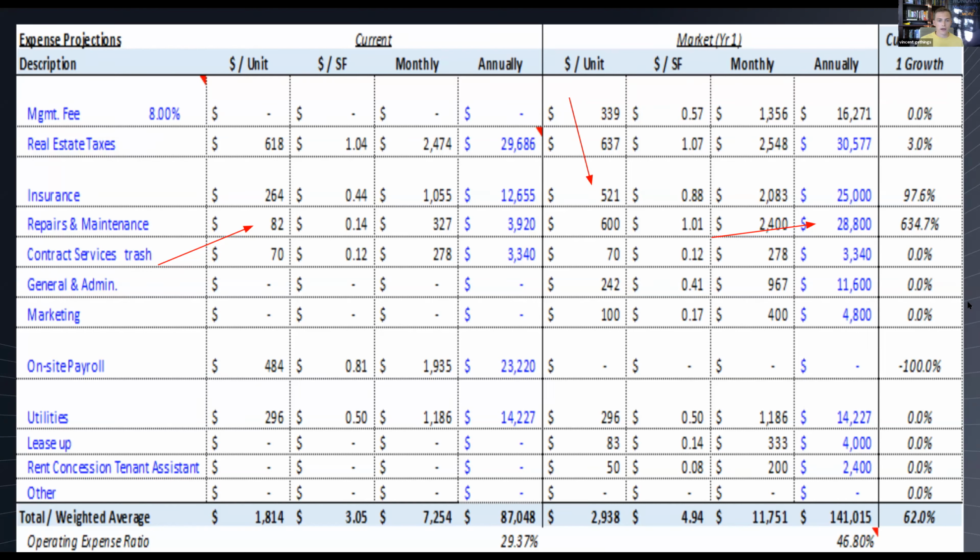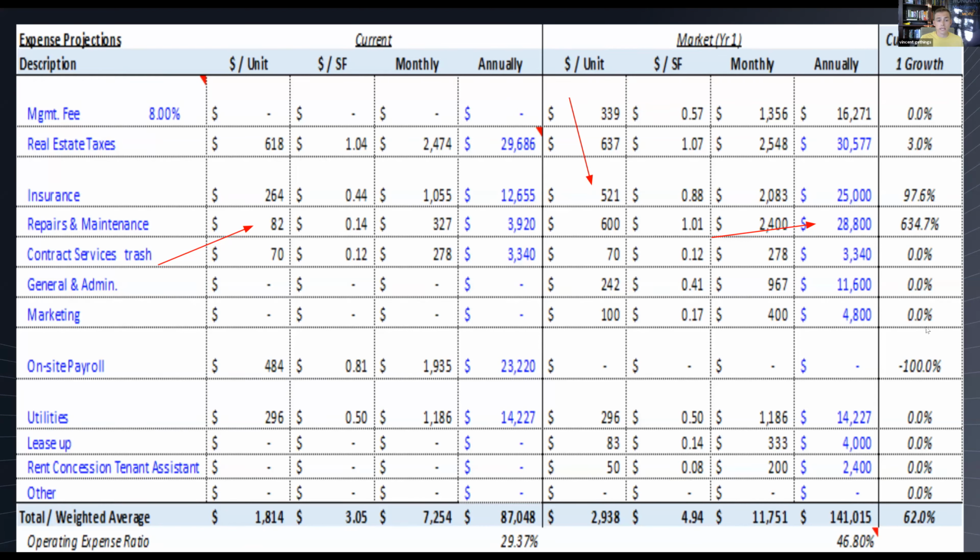So go to the county website for that specific county or city and figure out how they do the assessment and what the millage rate is. That way you can calculate what the taxes are going to be for you. Don't take the taxes as they are, because if they bought this property 10 or 15 years ago, as soon as you buy it and it goes through a reassessment, the taxes could double.